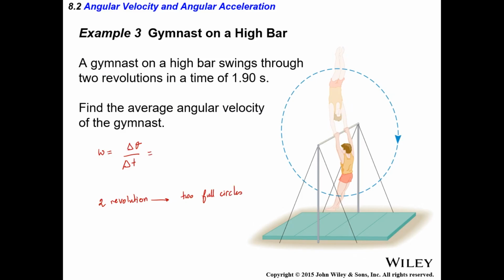Then I can deduce the angle theta, because if we have 2 full circles, this is 2 times 360, or 2 times 2 pi. I'll keep pi preferably because I want omega in radian per second, so I'll put theta here in radian. 2 revolutions means 2 full circles, so I covered an angular displacement of 2 pi twice, which is 4 pi.